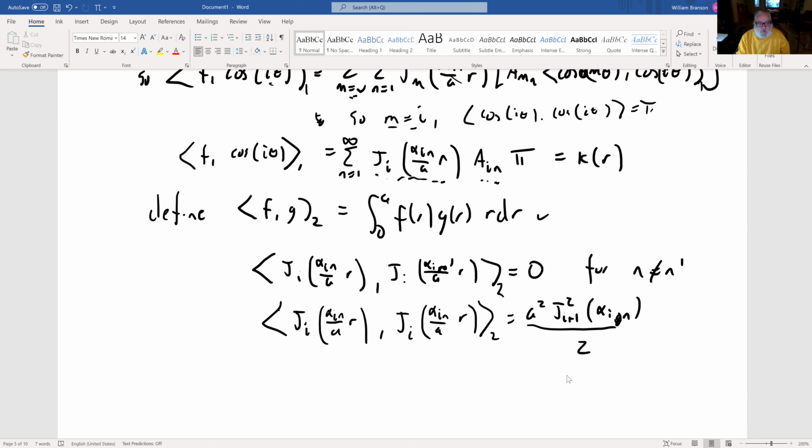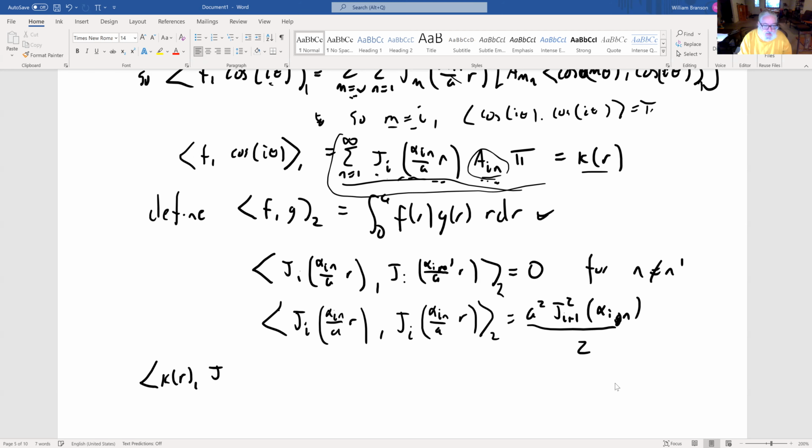So what we have then is another inner product. We have another series. We want to peel off these coefficients. If we call this whole thing, the result of the first inner product, k of r, then we want the inner product with respect to r of k of r against, say, j sub I of alpha sub I j over a r. So let's pick a particular value for n there.